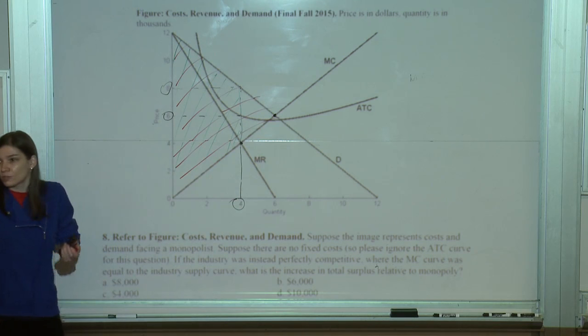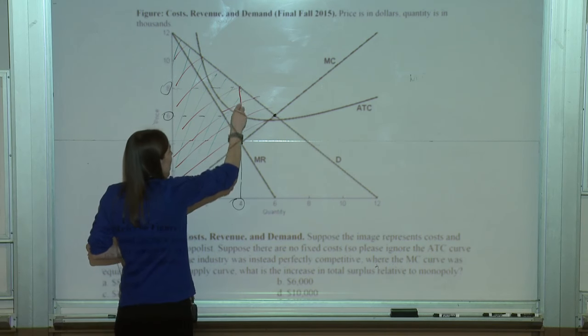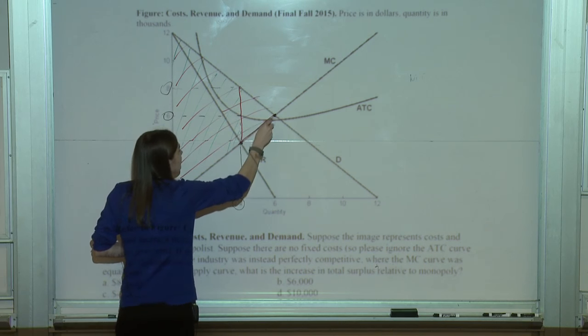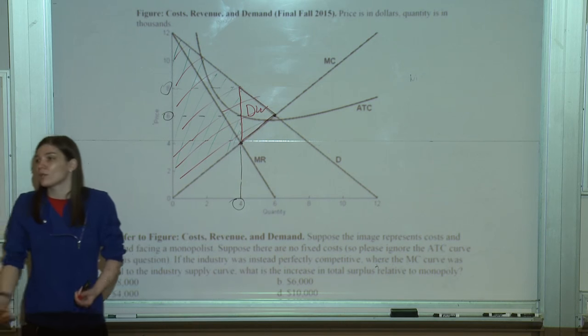So the difference between the two was just this triangle over there. And what did we call that? Deadweight loss. So this question, in other words, is what is the deadweight loss of monopoly?